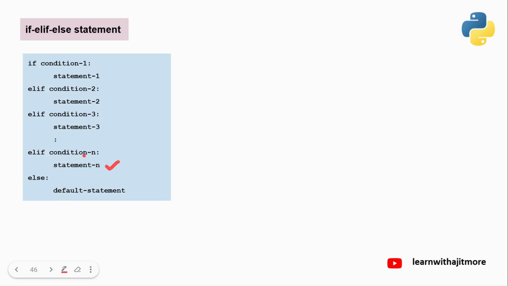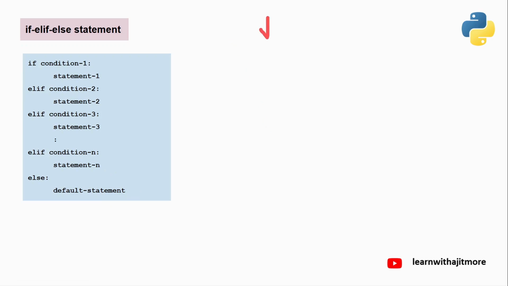It proves that condition n has come true and all the past conditions have come false. मुझे क्या कहना है, अगर आपका Python interpreter nth statement रन कर रहा है, इसका प्रूफ क्या है कि कंडीशन n क्या आया है? ट्रू, और पास्ट के सारे कंडीशंस फॉल्स। एंड इफ इट इज रनिंग दिस डिफॉल्ट, दिस प्रूव्स नन ऑफ द कंडीशंस हैव कम ट्रू। ये वाला कोड अगर रन हो रहा है डिफॉल्ट स्टेटमेंट, दिस इंडिकेट्स नन ऑफ द कंडीशंस हैव कम ट्रू। एग्रीड?